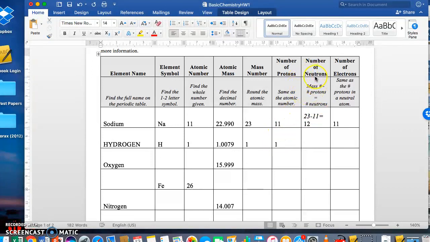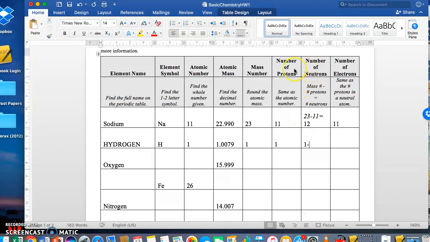Then the number of neutrons, which we need to calculate. So we know that the mass number is just 1 unit. I'm going to take that 1 unit, the total mass, and then subtract the mass of the protons, because the protons and the neutrons are the only 2 particles that contribute to the mass.